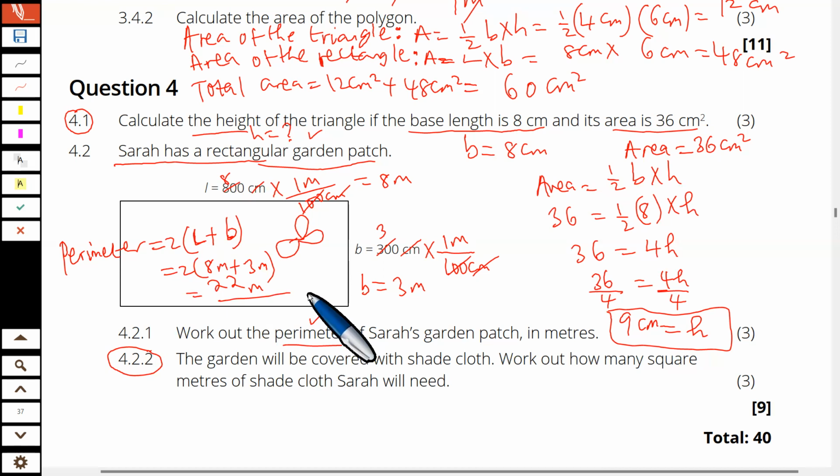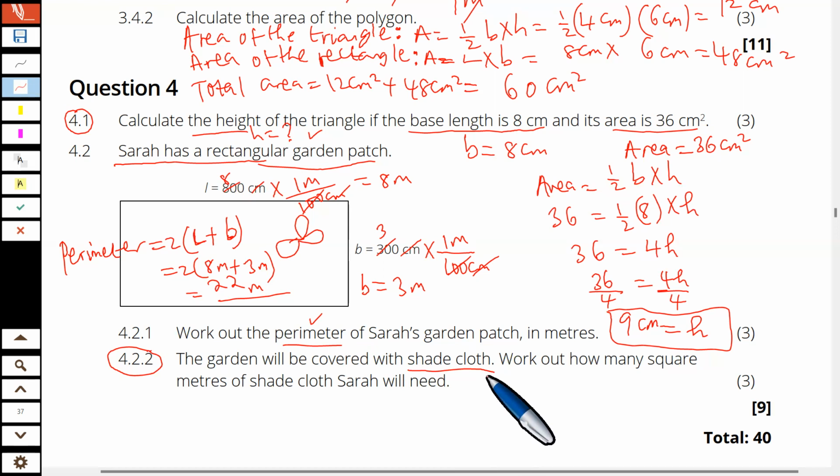Right, let's look at 4.2.2. The garden will be covered with shade cloth. Sometimes the sun is very hot, like today. It feels a bit hot in many parts of South Africa. We are fast approaching the summer season from spring, and the days are getting hotter.